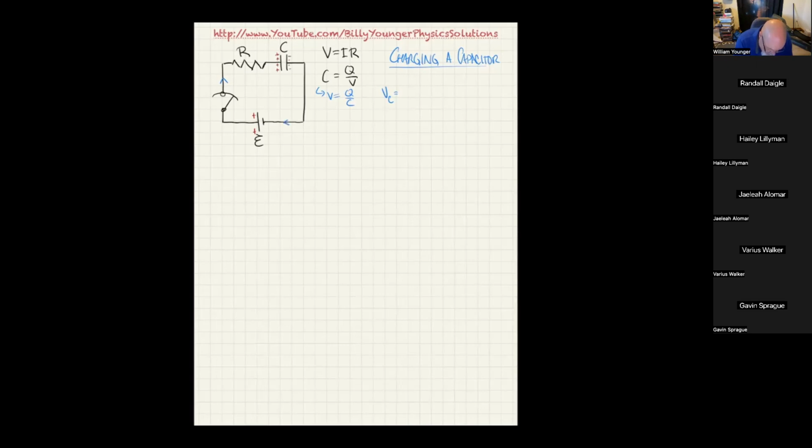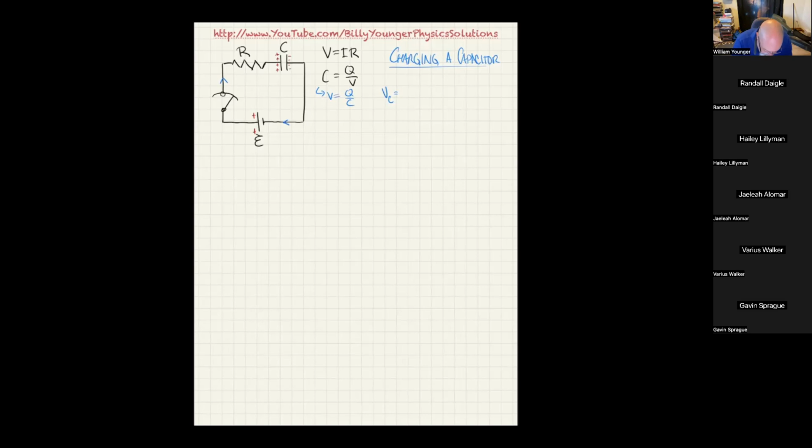But what's going to continue to happen is as that charge builds up higher and higher, that makes a larger and larger voltage until basically the voltage across the capacitor is the entire EMF E, and there's no voltage drop across the resistor because the current comes to a stop. So you expect the current to fall off to zero.